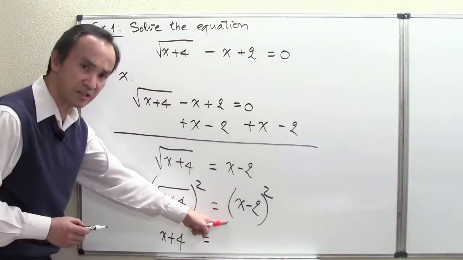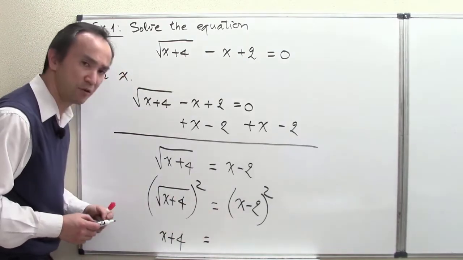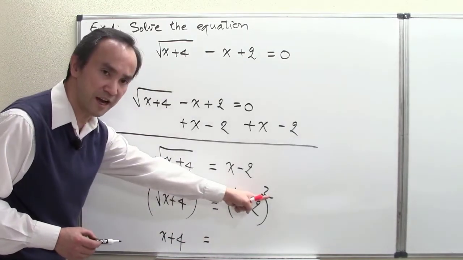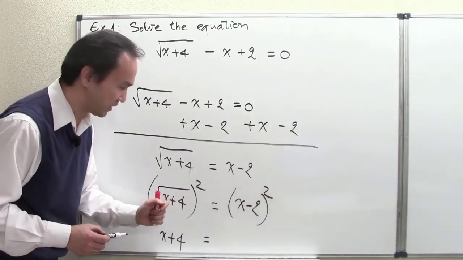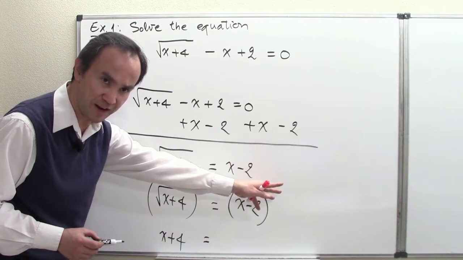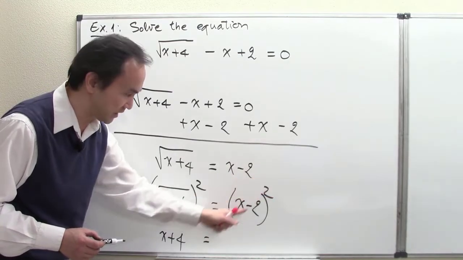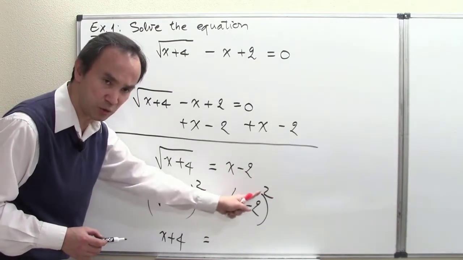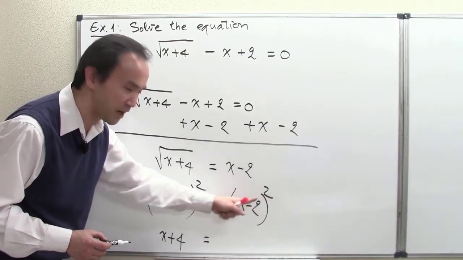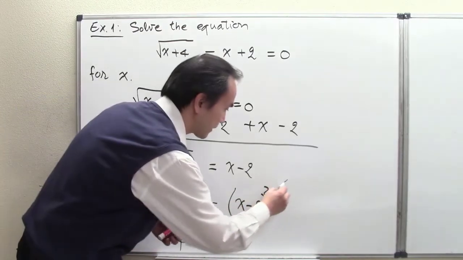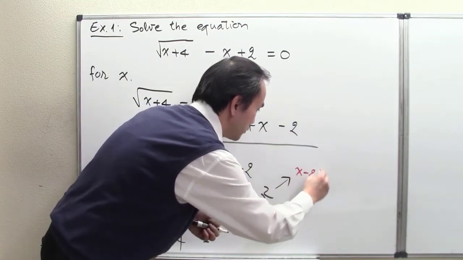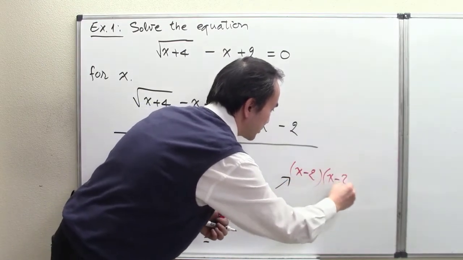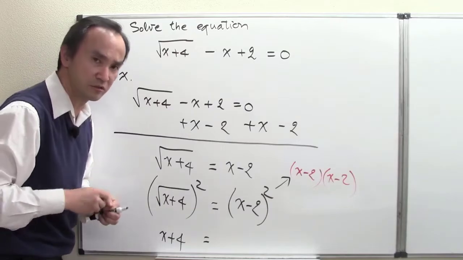The right-hand side here, we can just take our time foiling out that perfect square. It is a perfect square, so at this time of our learning, we should be able to either do it the fast way by expanding out that perfect square, or think of it as multiplying out with foiling, x minus 2 foiled out with x minus 2. So you take your favorite route.